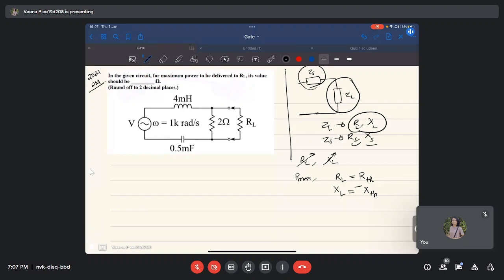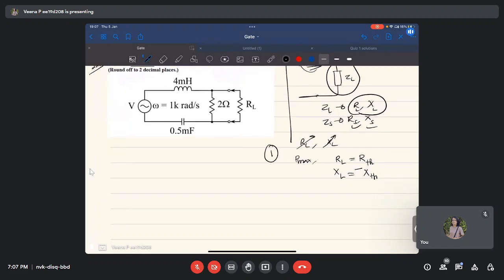That is, if the source is inductive, the load should be capacitive, and vice versa, for maximum power to be transferred to the load. So this is a general case. This is the first case which you should remember in the maximum power transfer theorem.